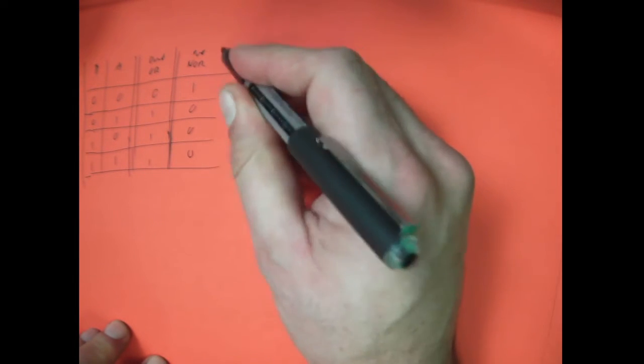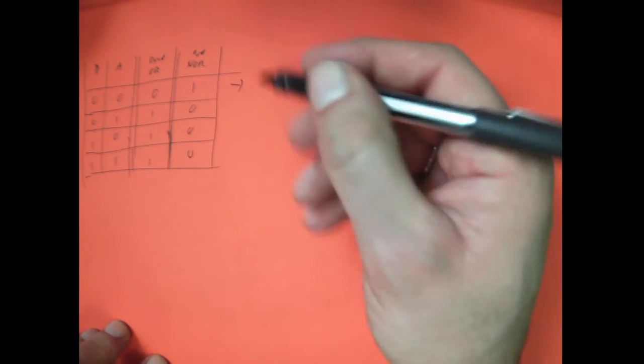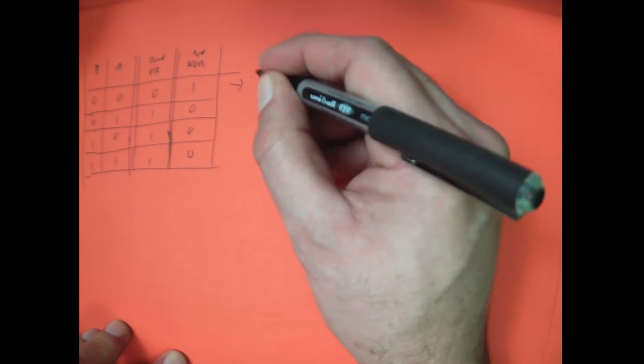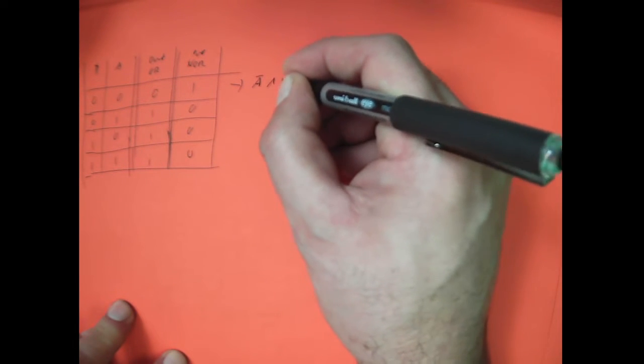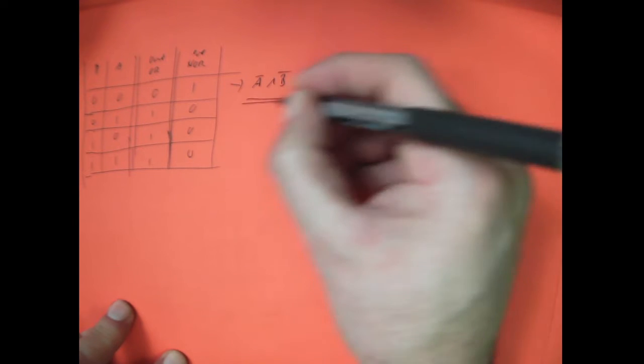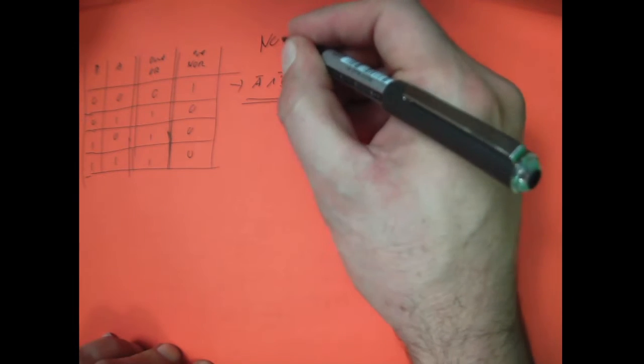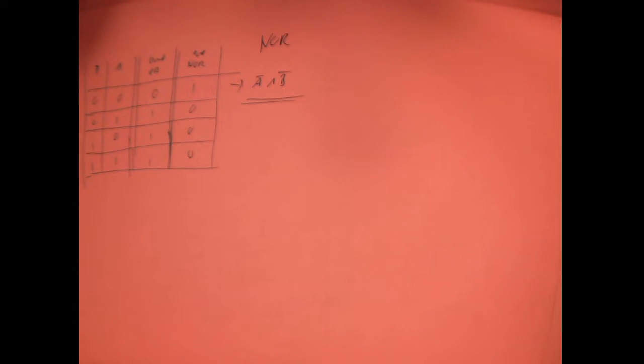So in this case, it's quite simple. We can create, for this line, the adequate setup so that we have A NOT and B NOT. And this is the circuit for the NOR. So let's draw this.